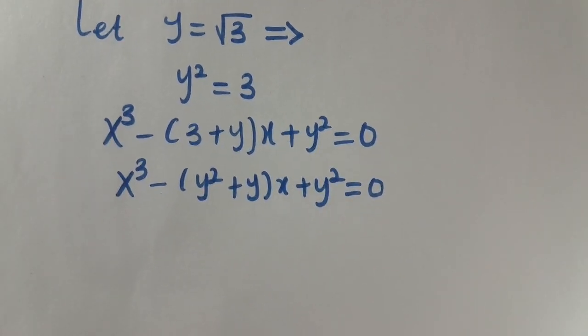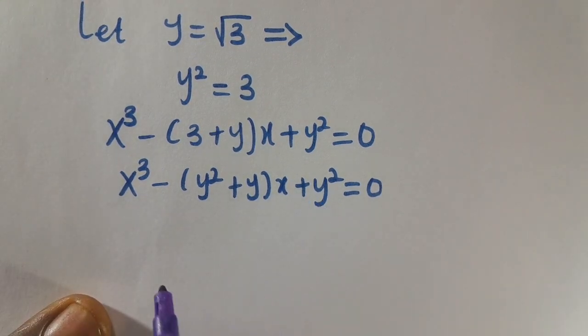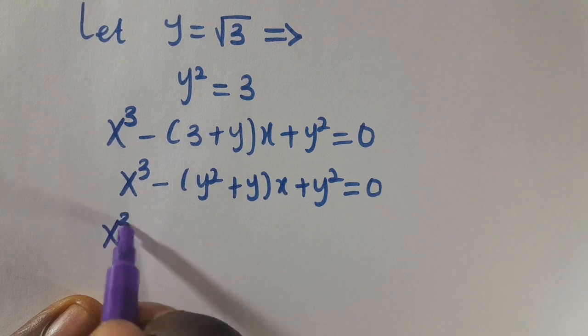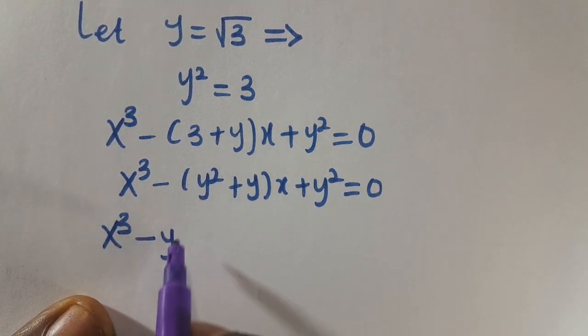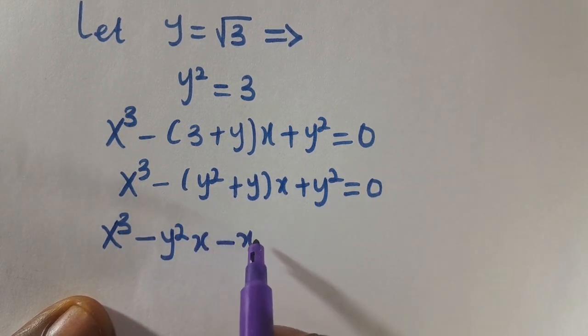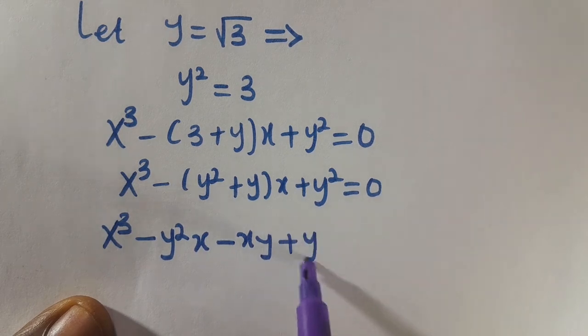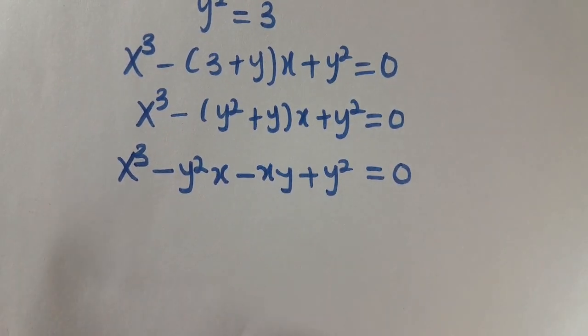So now guys, from here, let's open the bracket. When we open the bracket, we're going to have x raised to the power 3. This multiplied by this, we have minus y squared x. This one will also be minus xy plus y squared. We have everything equal to 0.